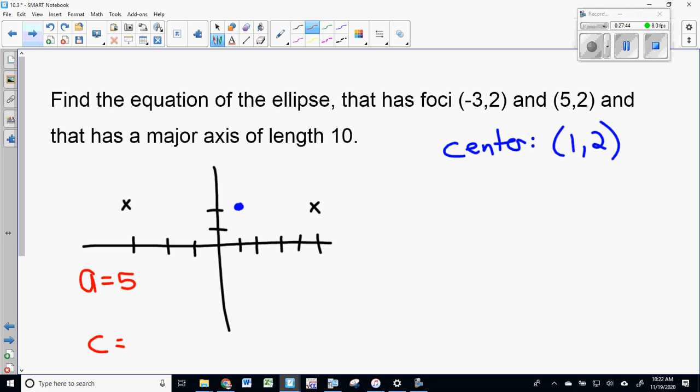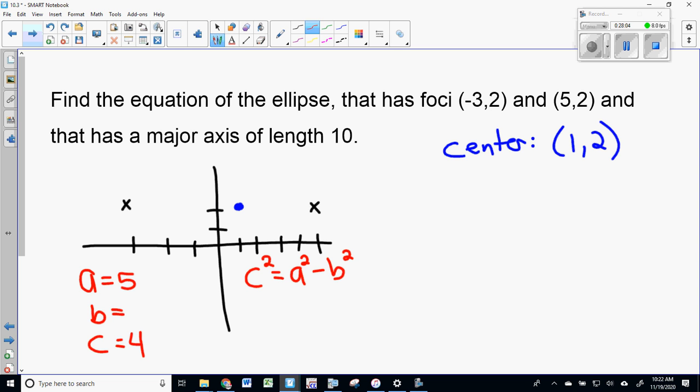My C is right over the foci, so it is 4. How do I find my B? Square both of them, and I know C squared is A squared minus B squared.